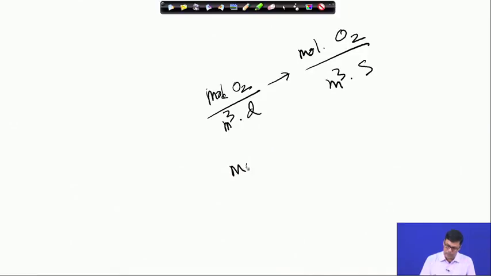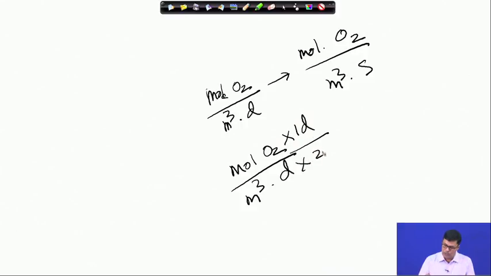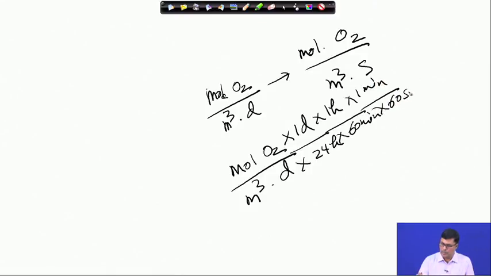This is moles of oxygen per cubic meter per day. 1 day is equal to 24 hours, 1 hour is 60 minutes, and 1 minute is 60 seconds.